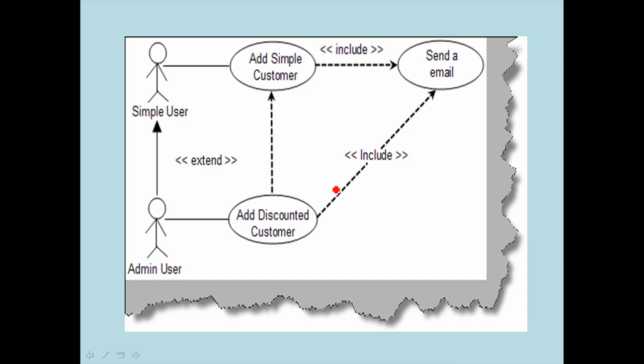The first sentence says Shiv is a father of Sanjana. That is a parent-child relationship, which is depicted by extend in use cases. For example, admin is a type of simple user. This is called an is-a relationship, or a generalization-specialization relationship. We will come to class diagrams to understand generalization-specialization, but over here just remember that this relationship in the real world is defined using extend.